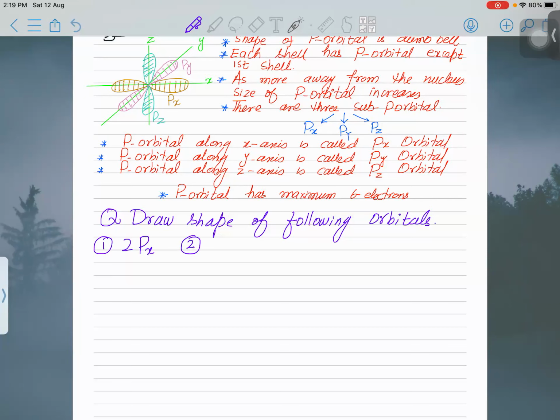No, sir, because the first shell doesn't have a p orbital. Very good, because the first shell does not have a p orbital. So 2px, 4px, 2py, 3py, 5p orbital.